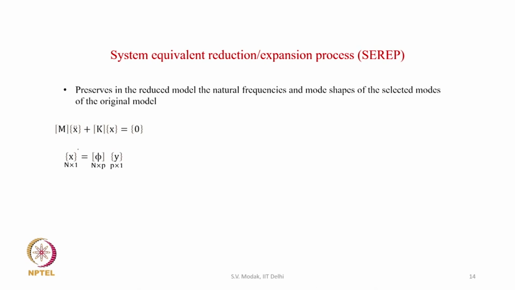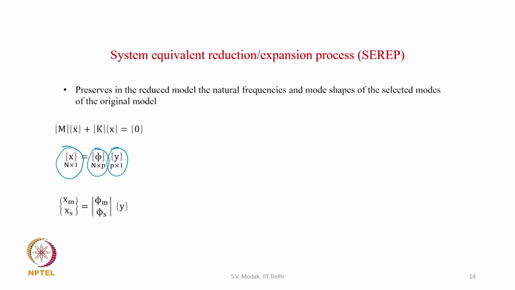You can see here x is the vector of degrees of freedom of the original model, and phi is the matrix of mode shapes corresponding to the p modes that are to be preserved in the reduced model. That is why it is of order n by p, and y is the vector of modal responses corresponding to the p chosen modes. So, it is of order p by 1. p is the number of modes that we want to preserve in the reduced model.